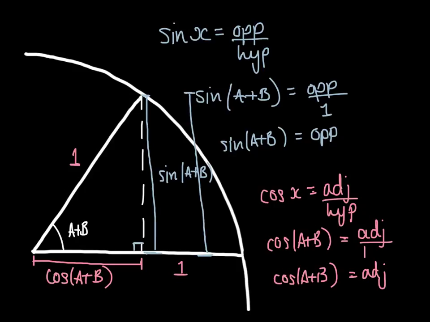And hopefully we will find either an expression for this whole length, or an expression for the cos A plus B bit, or maybe a little bit here, so we could form some sort of equation. But again, just in terms of cos A, sine A, cos B, sine B. And then because they'll be equivalent, we'll be able to equate them, and then we'll know how these things expand. So that's what we're going for. So just keep those lengths in mind and keep our target in mind. We're going to go and find equivalent lengths.